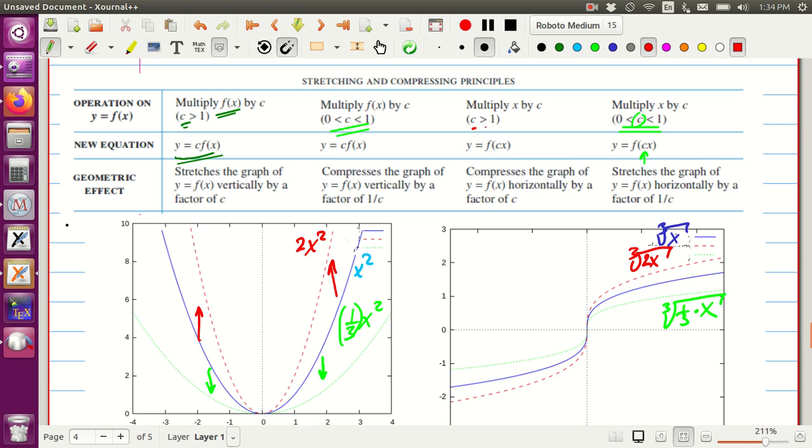So what happens is c is bigger than 1, it's equal to 2, so it compresses the graph. You take the blue graph and push on it from both sides to compress it into the red graph. And for the green graph, you pull the blue one like this to the left and to the right to create the green graph.